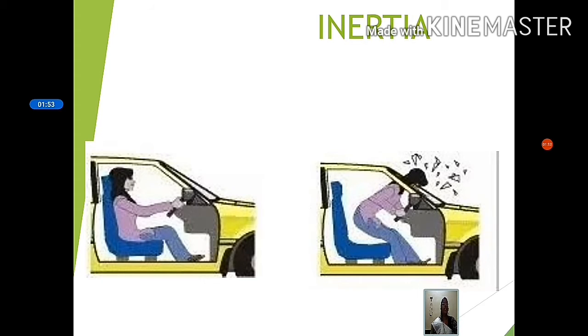Okay. Now this principle is called inertia. What is called inertia? The inability of a body to change its state of rest or uniform motion in a straight line. See, even you can take direction.